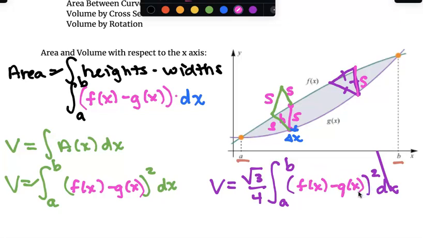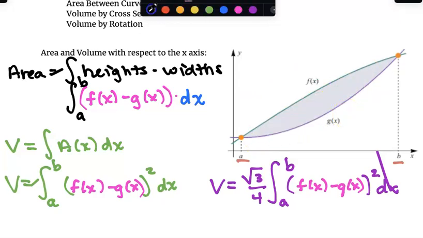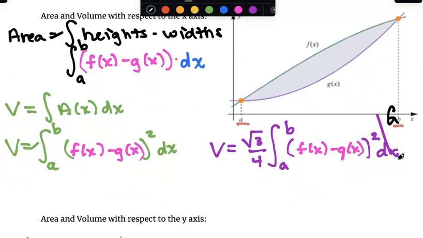Finally, then, I can think about finding the volume by rotation. I could take this whole area and rotate it around, let's say, the x-axis. If I rotate around the x-axis, I'm going to create cross sections that are circular in shape.